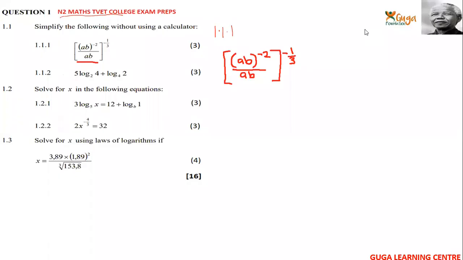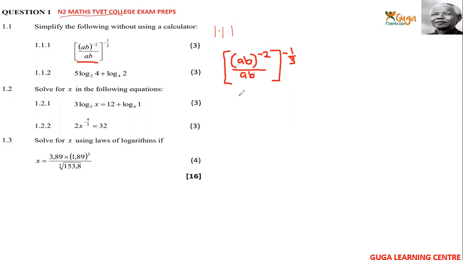So here you start with what is inside, right? You start with what is inside. Inside you have a numerator and a denominator. You start with the numerator.